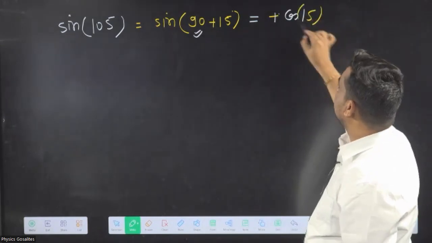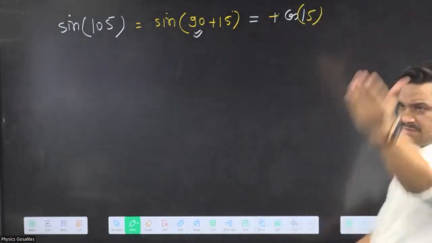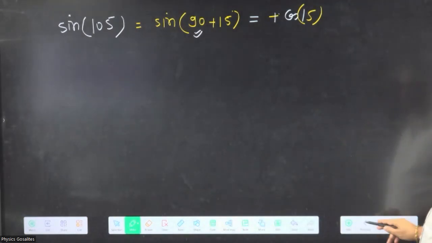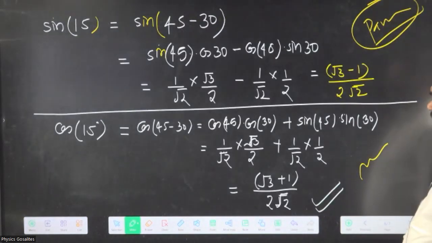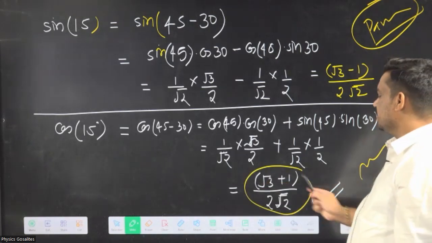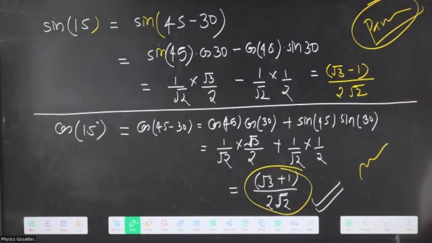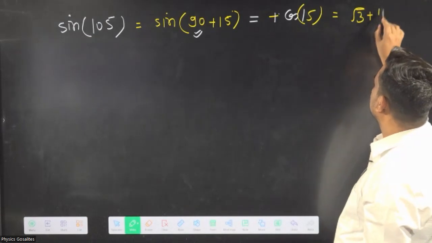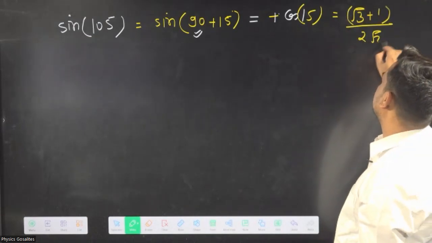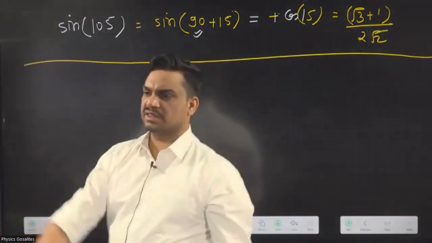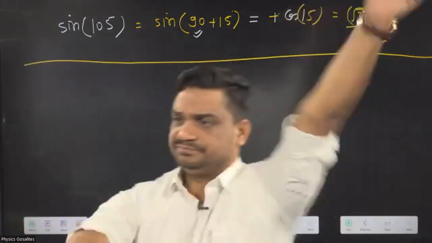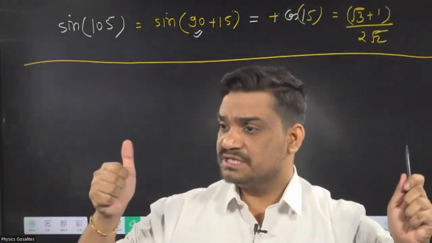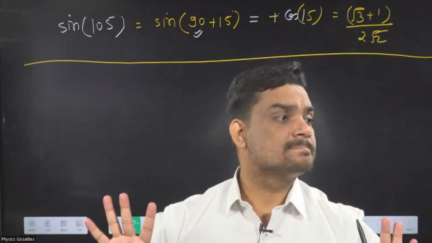Cos 15 we have already solved in the last question. So this becomes root 3 plus 1 divided by 2 root 2, and you all got the same answer.